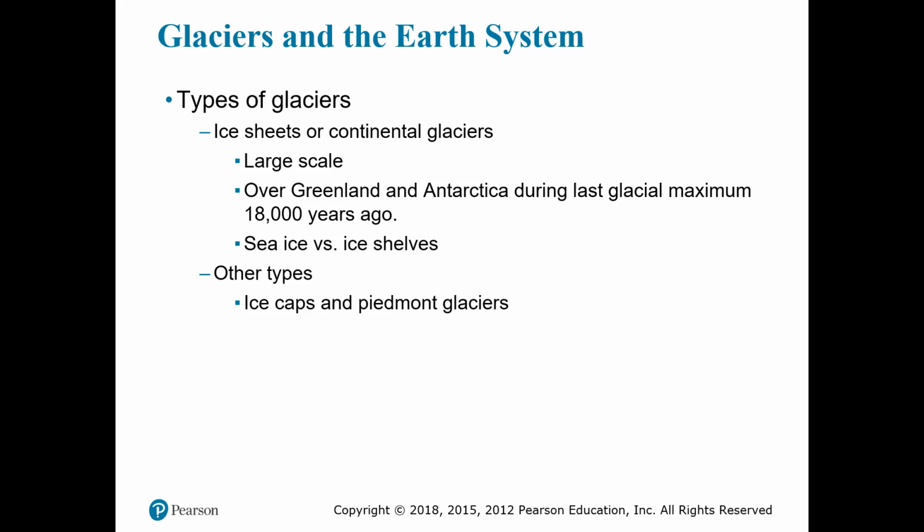If we look at the North Pole, the ice that covers the Arctic Ocean is sea ice, which is frozen seawater, and it floats because the ice is less dense than the water below. The area covering the North Pole, the Arctic Circle, is going to change with the seasons.